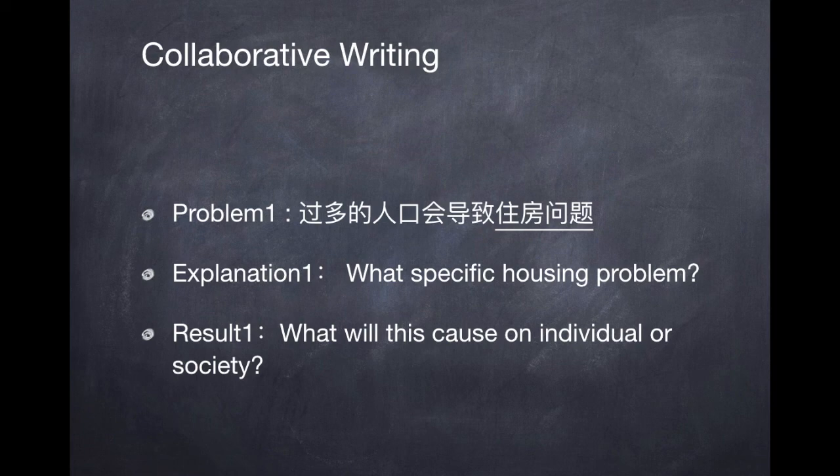So the cause would be the young people cannot afford the housing price, and they have to migrate back to the rural areas, or they have to rent the houses, like this, whatever. So just based on your concept of the housing problem, you give me a specific explanation and result. And this is the first problem.